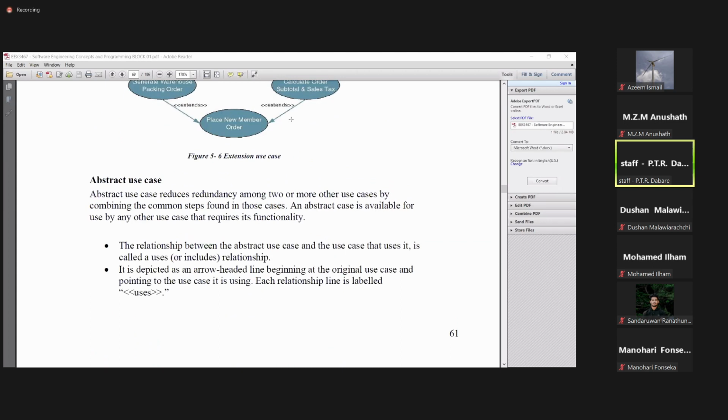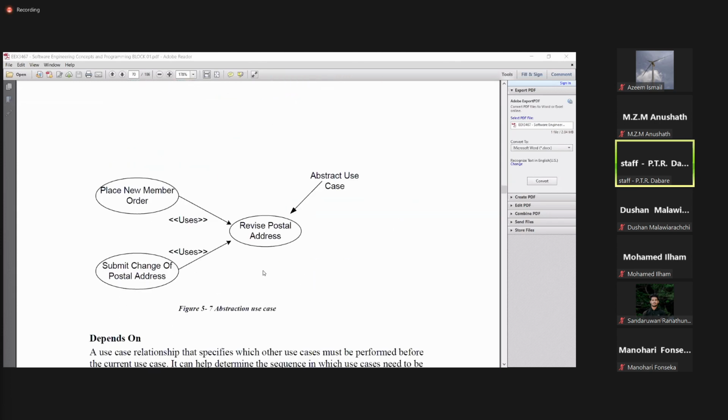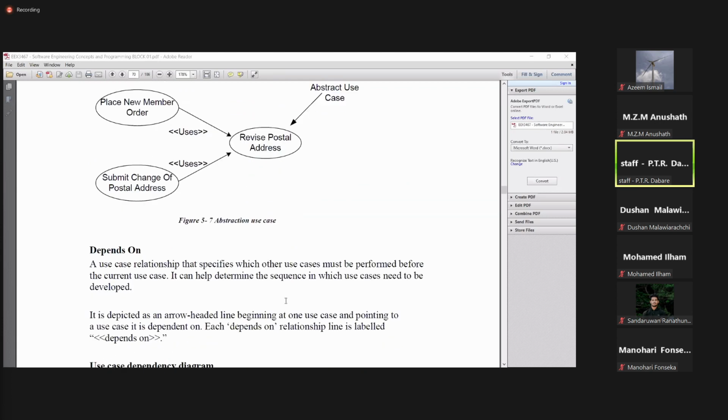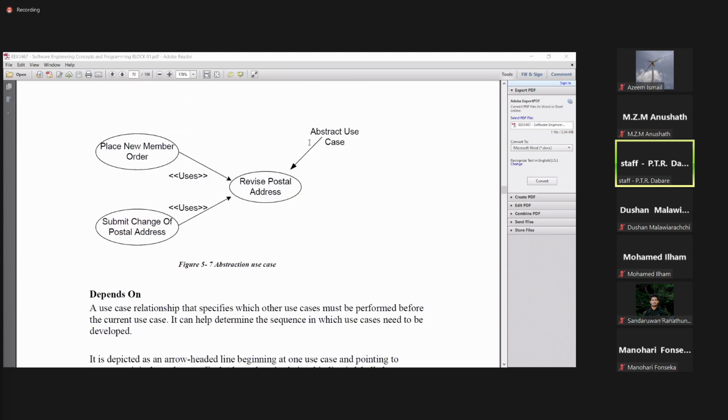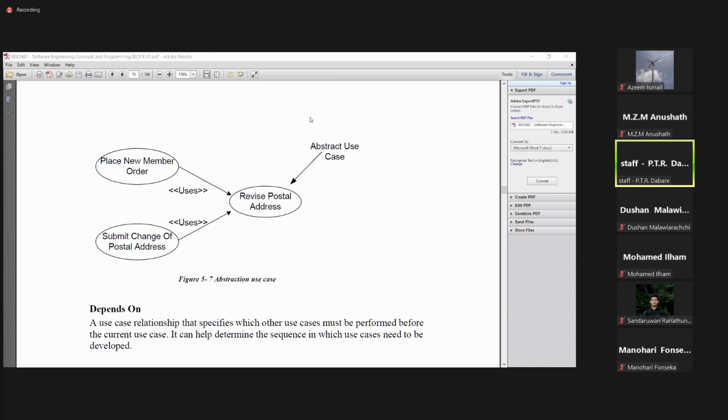An abstract use case reduces redundancy among two or more other use cases by combining the common steps found in these cases. So let's say there's one thing that you need to use multiple times. Then what you will do is you do not write it like this. Let's say, to place a new member order, you need to get the postal address.